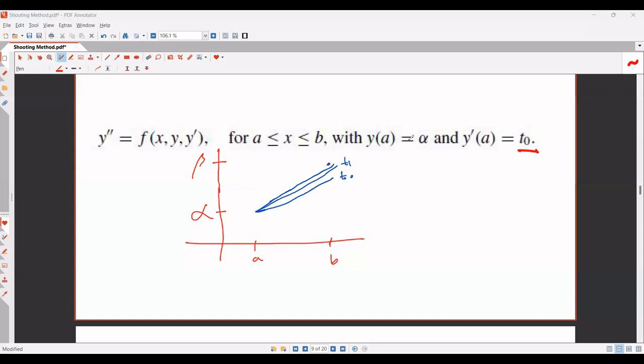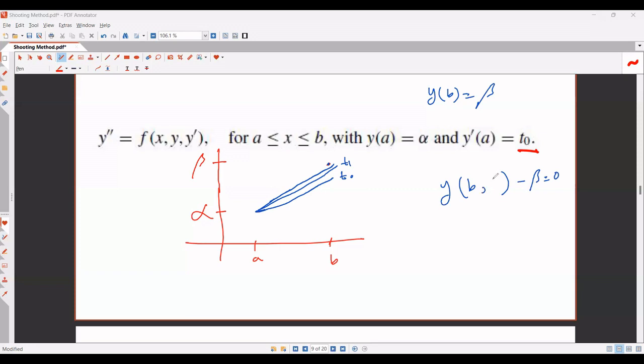Sir, so here beta is the value for y at b. Yes, which was the given boundary condition. So we want to choose t such that the value of y at b minus beta is 0. Yes.